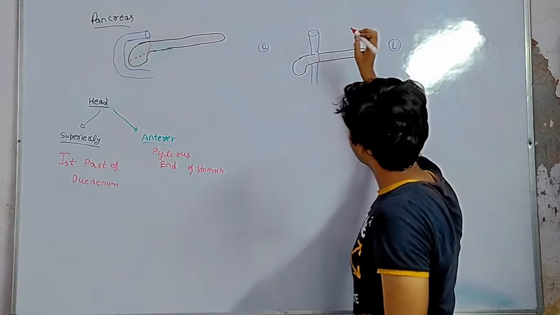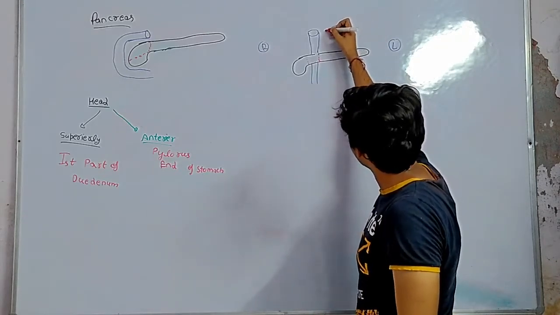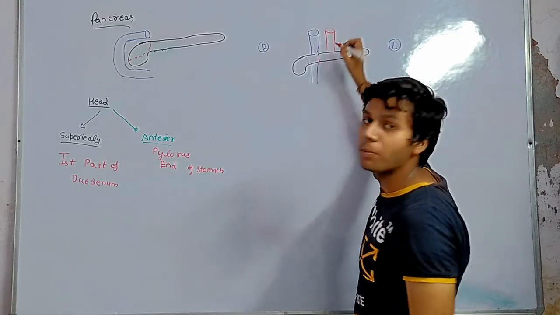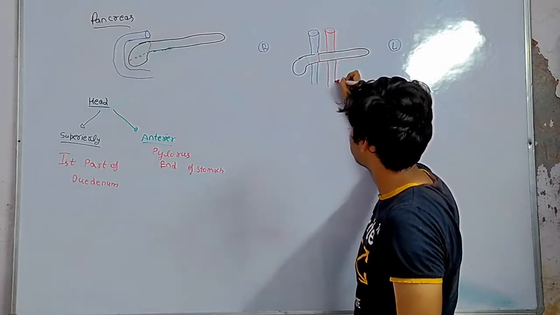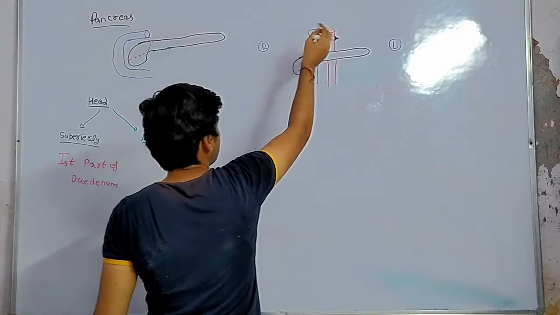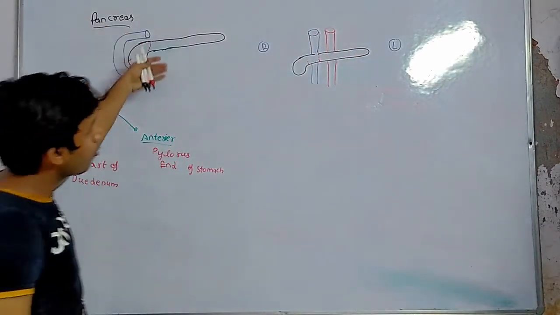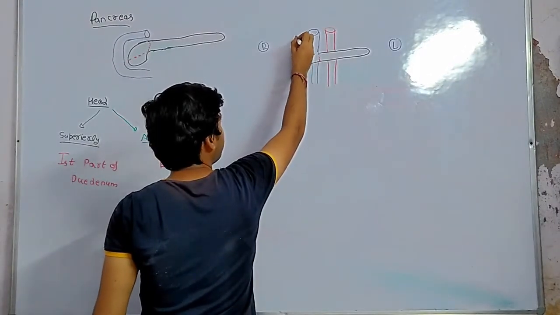And posterior to the neck, there are some important things also. Behind the body, we have the abdominal aorta. Then posterior to the duodenum, remember one thing, the kidneys.